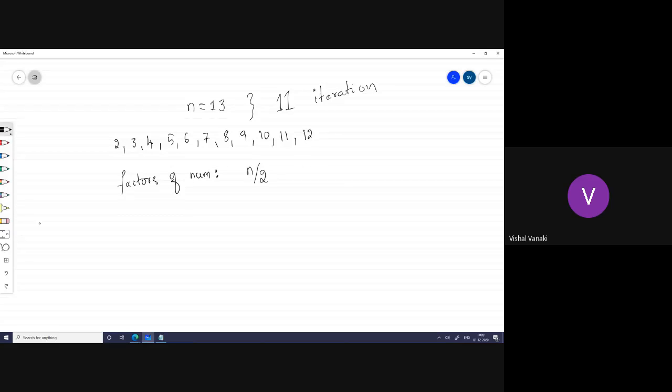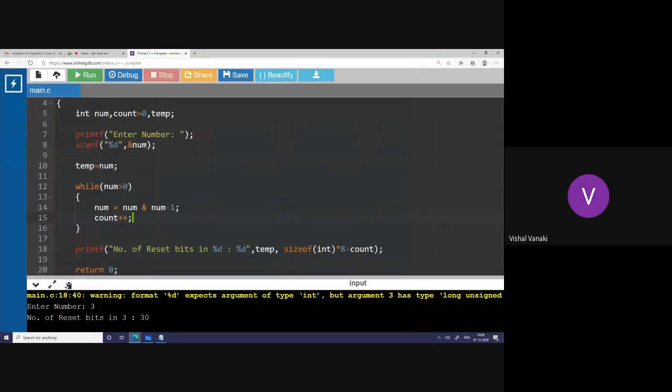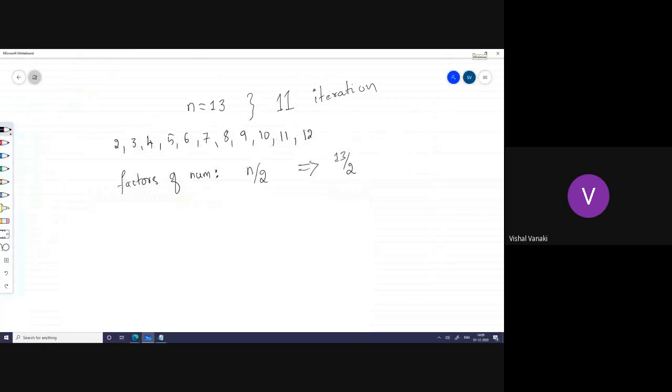So 13 divided by 2 is how much? 6.5. That is a mistake here. I am doing integer division, which gives 6. We are so caught up in our mathematics.